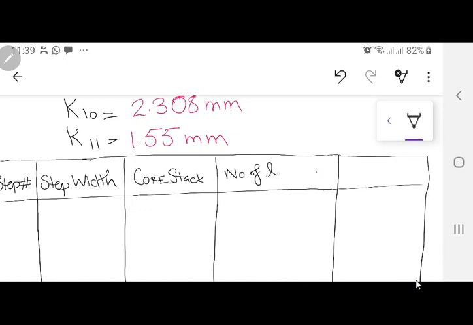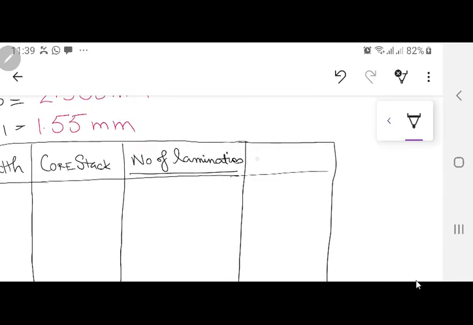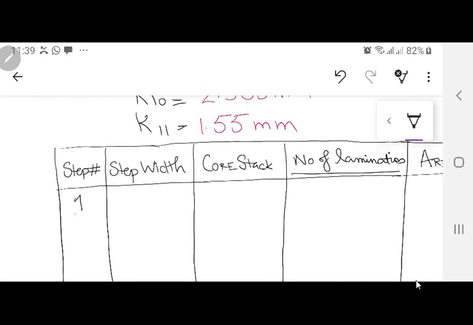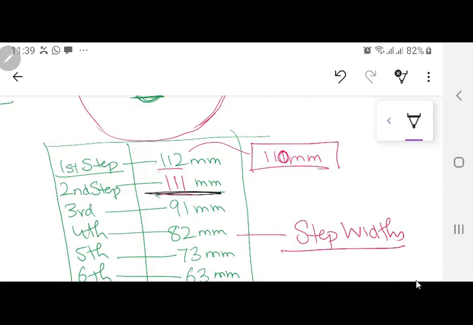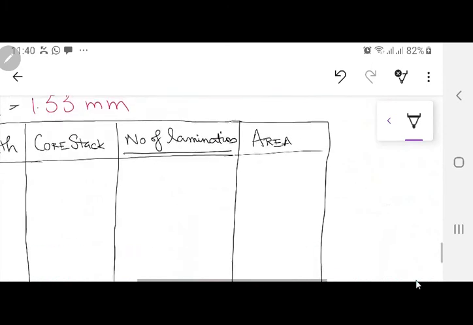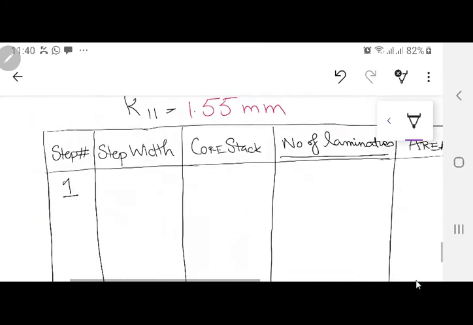Number of laminations, and the last one, area. Now, step number 1. What is the step width? The first step width, if you remember, if I go back on my table, this was the step width. So instead of 112, I took 110, sorry. So step width is 110.